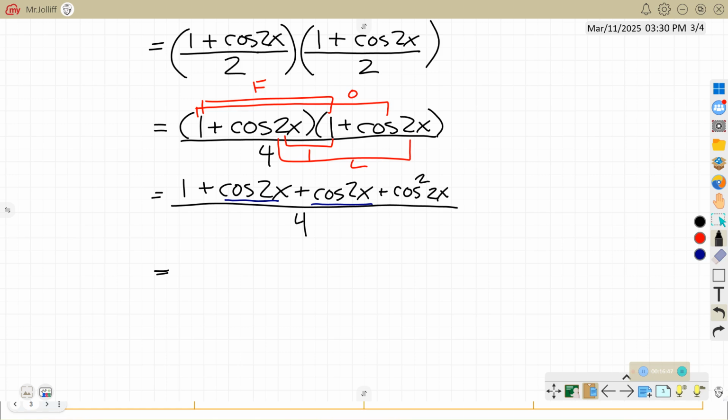And I'm going to split into separate fractions. So first term is going to give me 1 over 4. Second term is those 2 cosine 2x's. 2 cos 2x over 4 plus, and then I get a cos squared 2x over 4.